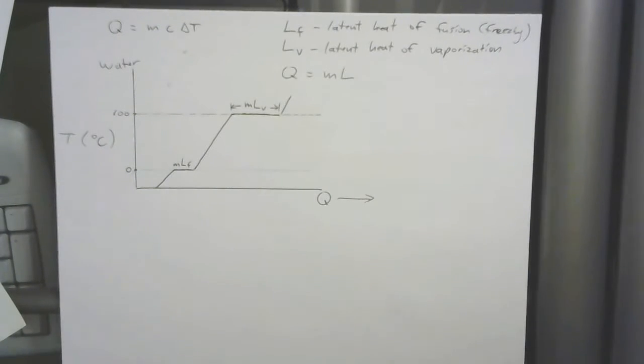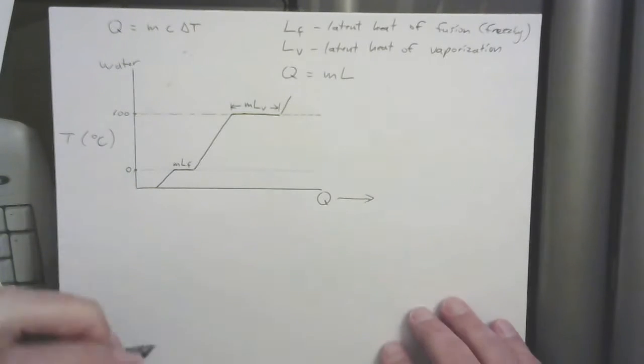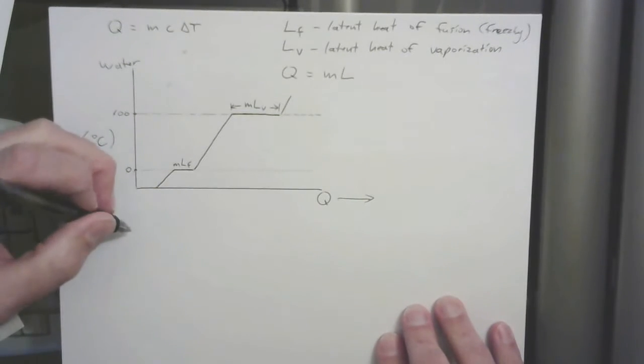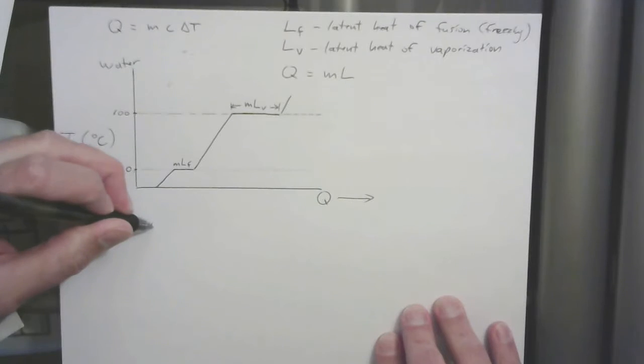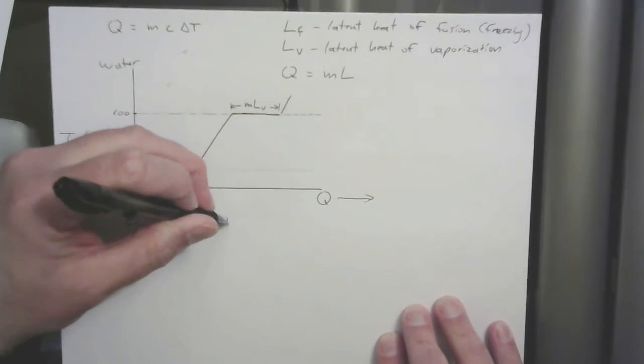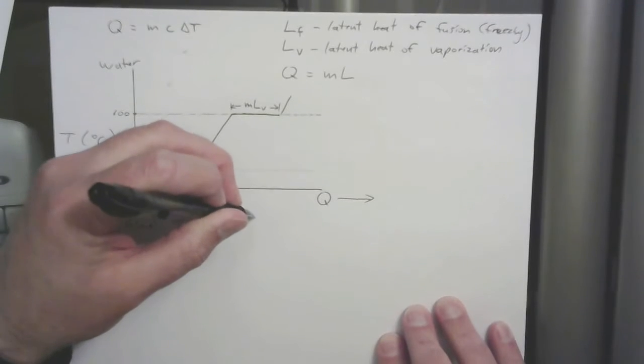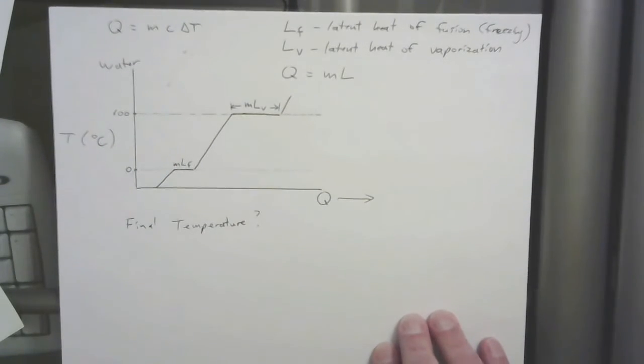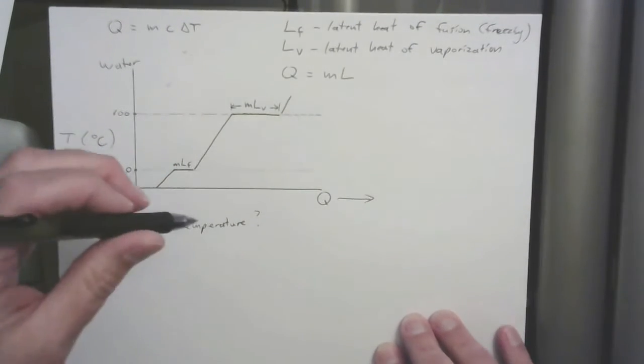So that's kind of the behavior of water, and that's kind of what you have to watch out for in these final temperature problems. So let's do one based on the example that's in the book. So it's a final temperature problem. That'll be the question.